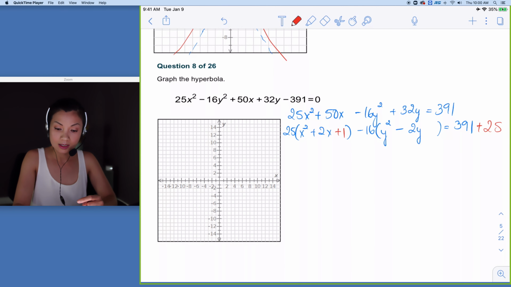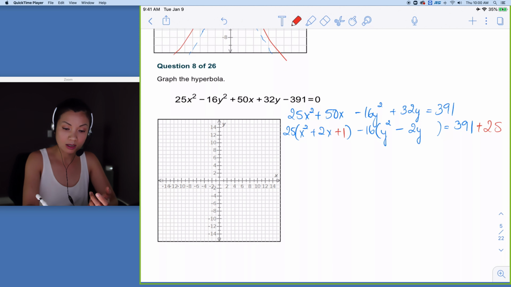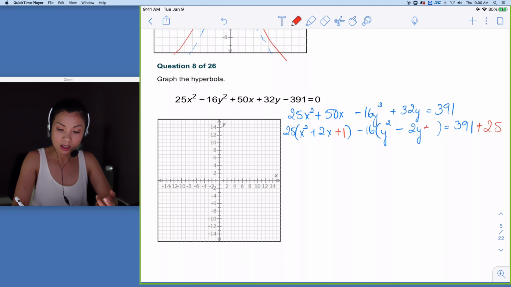Okay. Now we're going to do the exact same thing for y. So I'm going to take negative 2, divide by 2 is negative 1. Negative 1 squared is 1. But over there, instead of adding 1, I have negative 16 times 1. So I have to subtract 16.